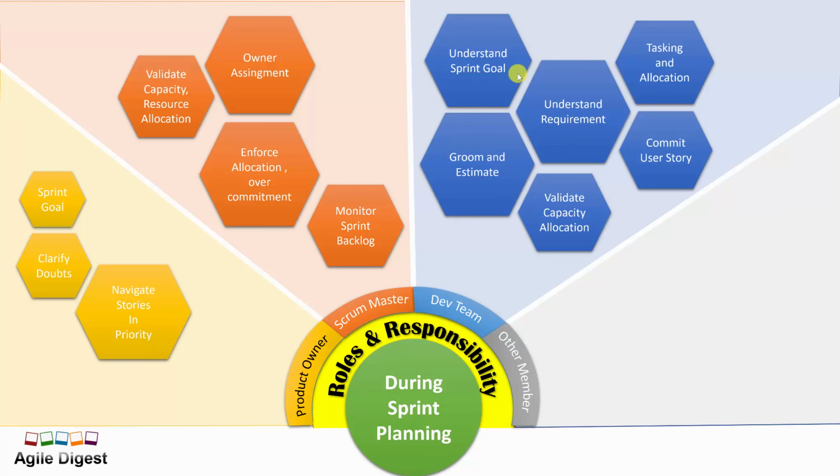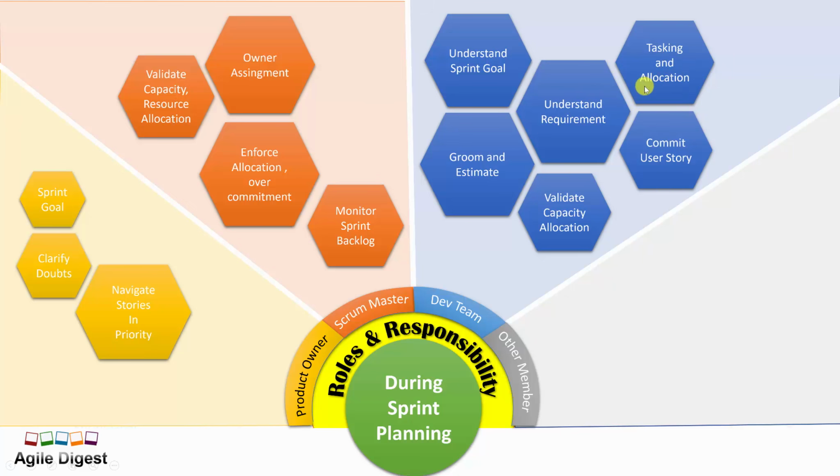The development team also has a couple of responsibilities. They try to understand the sprint goal, what the product owner is saying. Then if the story is not groomed or not estimated, they participate in grooming and estimation also. Then they understand the requirement, if a new story came up. They also do task breakout and allocate the tasks to themselves.